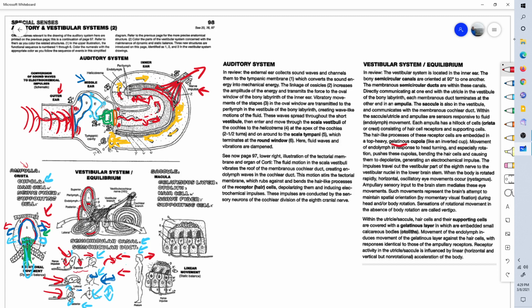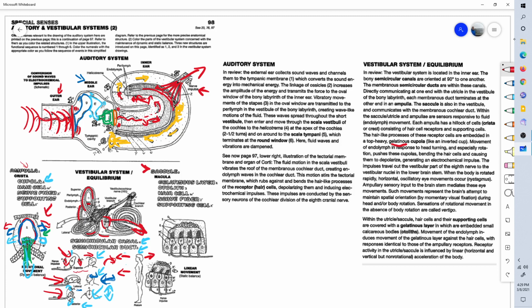In the vestibule, there's this little area called a saccule. Here's the vestibule here, and here's the saccule right here. And if you explode this area out here, you don't see any semicircular canals. What you see is a little stack of little rocks, and they're called otoliths.